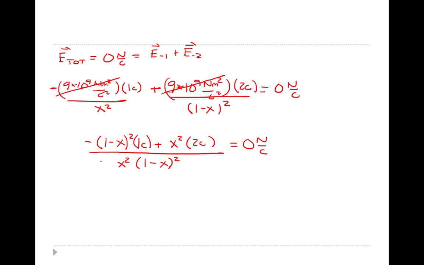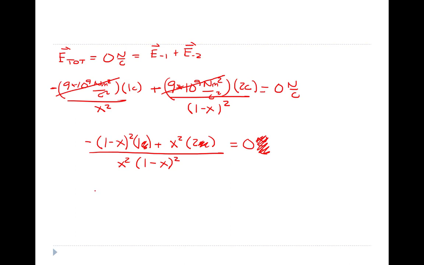Our distance, if we kept the units properly, which we haven't because we divided out the newton meter squared per coulomb squared up here and didn't adjust the units of the 0. So let's just scrub them completely. There we go, getting rid of units.